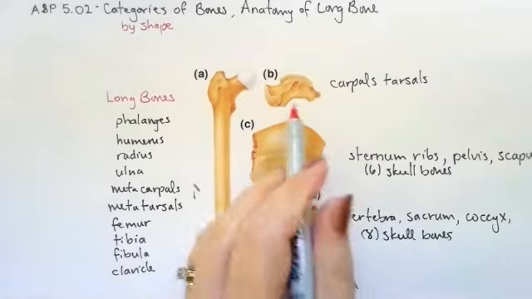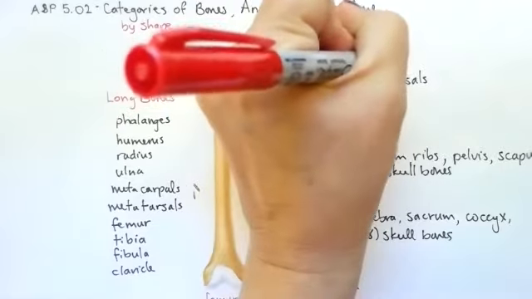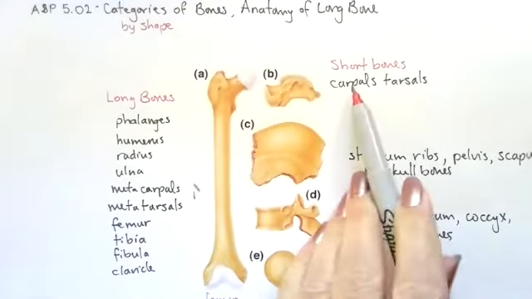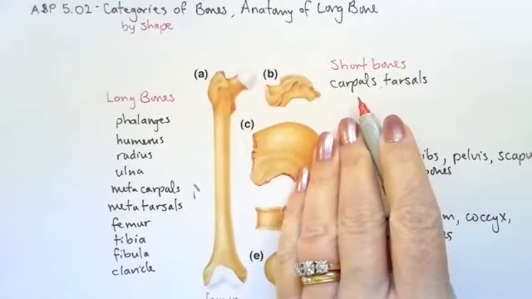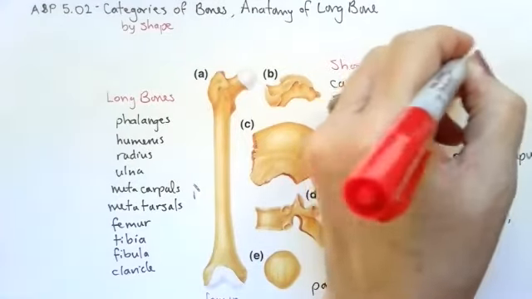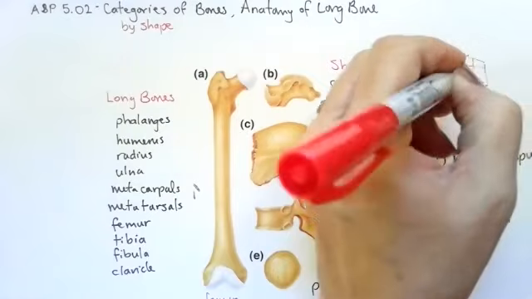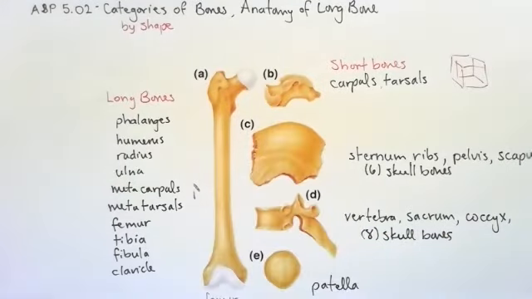The next group, category B, are called short bones. These are our carpals and our tarsals, which, if you remember your med terms, are our wrists and our ankles. They all have a characteristic cube shape, so they're often cuboidal.